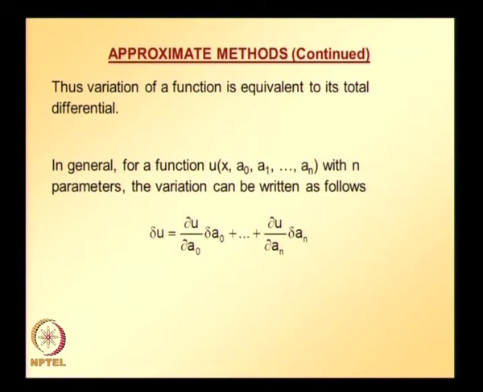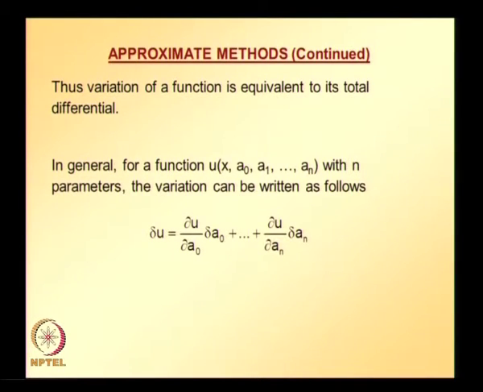One important point I want to infer from this equation: suppose the variation of u is equal to 0. The variation of u being equal to 0 is possible only if the partial derivative of u with respect to A naught, the partial derivative of u with respect to A1, and so on, and the partial derivative of u with respect to An are independently equal to 0.